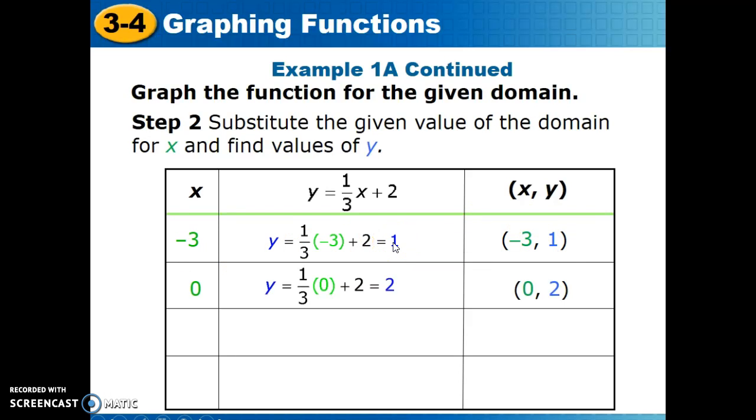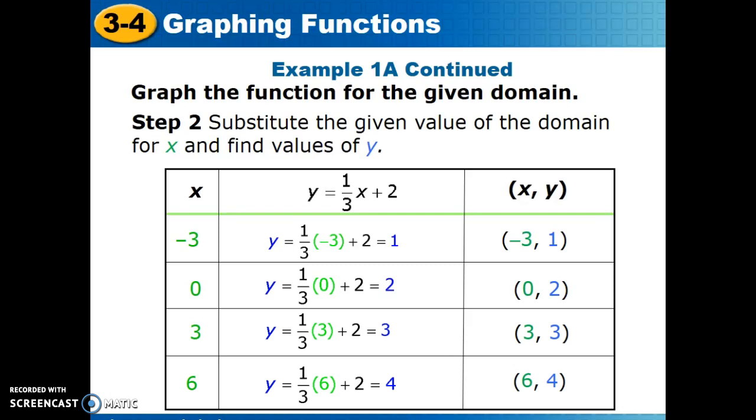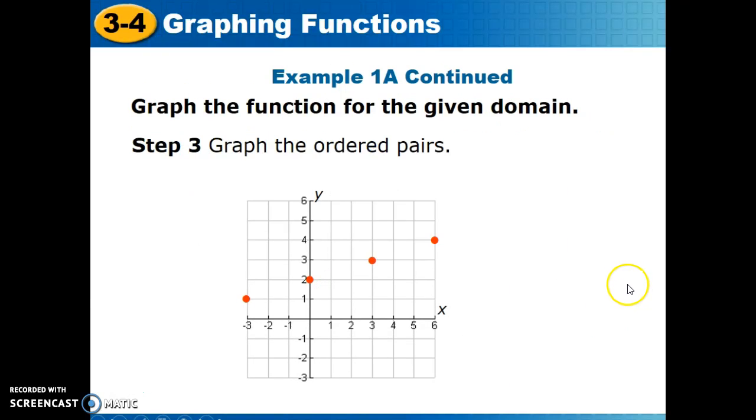We go through with all the values, inputting x equals 0, x equals 3, and the value 6. So now, if we're asked to graph, we've been given a limited domain, we've put in the values and calculated the range, or y values, and we can take those ordered pairs and simply graph.